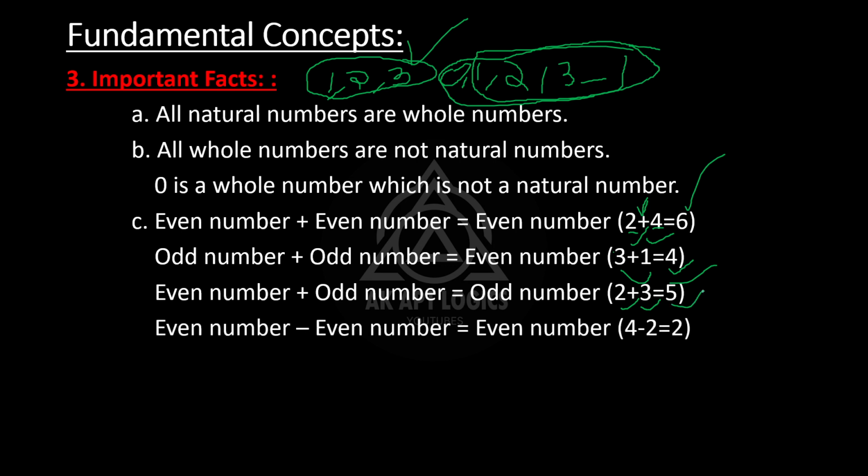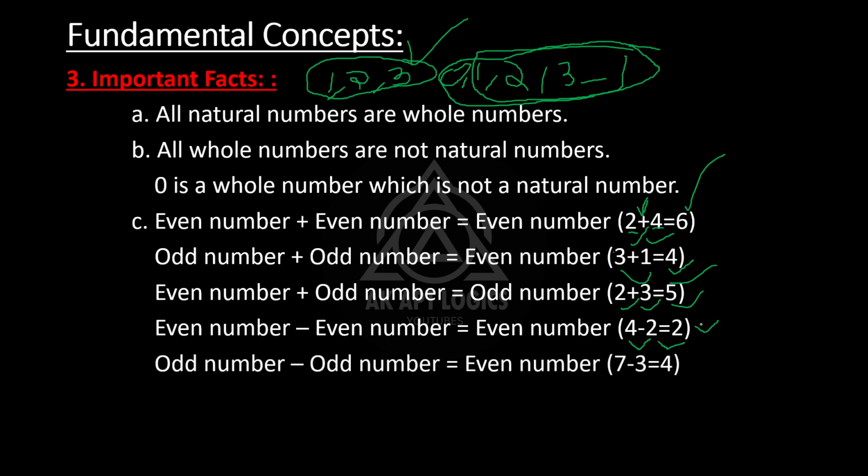Okay. Even number minus even number is equal to even number. In this case, 4 is an even number, 2 is an even number. When you perform subtraction between two even numbers, the result will be an even number, which is 2. Odd minus odd is equal to even number. 7 is an odd number, 3 is an odd number. When we perform the subtraction between two odd numbers, the result will be an even number.